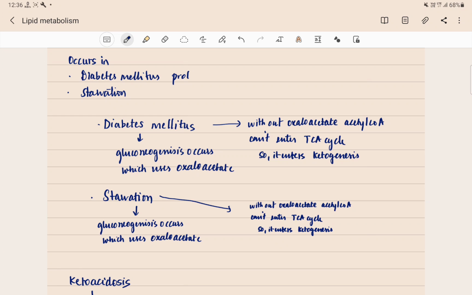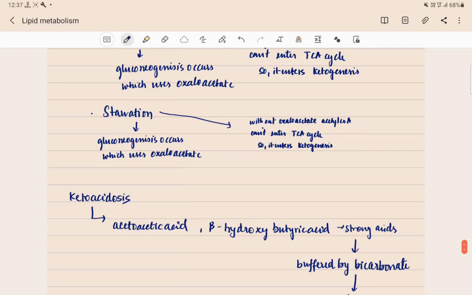The same happens in starvation. There is no oxaloacetate, but oxaloacetate is required for the TCA cycle; without oxaloacetate, acetyl CoA cannot enter the TCA cycle. So all the acetyl CoA goes for ketogenesis and ketone bodies are formed.